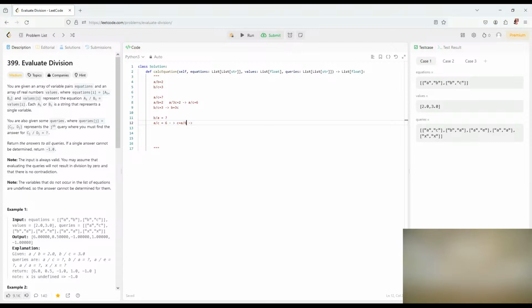Right? Then from here we can replace C with that. Perfect.